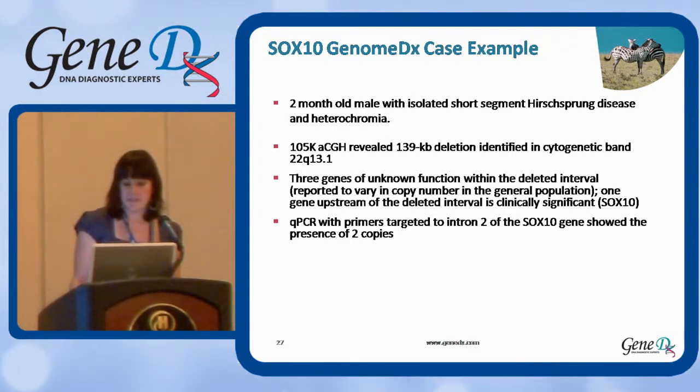WS type 4 has symptoms of both classic Waardenburg syndrome as well as Hirschsprung's disease. We were questioning whether or not any region of this SOX10 gene was within our deleted interval, because it's immediately adjacent. We designed qPCR primers targeted to intron 2, so the very beginning of the gene, and our results showed the presence of 2 copies, indicating the deletion did not include the coding region of the SOX10 gene.